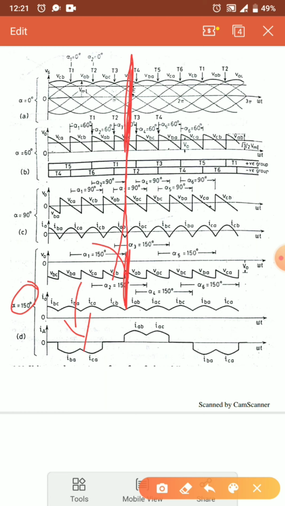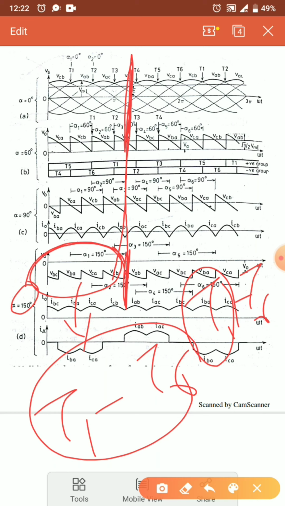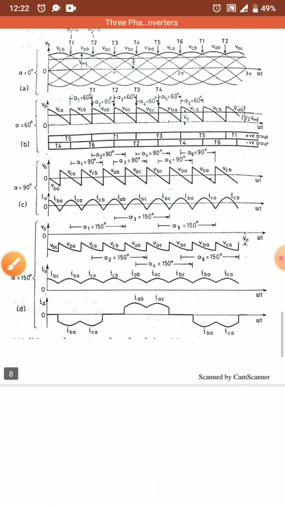This is from the previous cycle. For example, when the T1 to T6 cycle comes, then again the T1 to T6 cycle will turn on. So before this T1 comes, some cycle was going on, and because of that I am getting these waveforms. Similarly, this is also because of the previous cycles. So we can clearly see that when my firing angle goes beyond 90 degree, I'll be getting the inversion mode of operation.